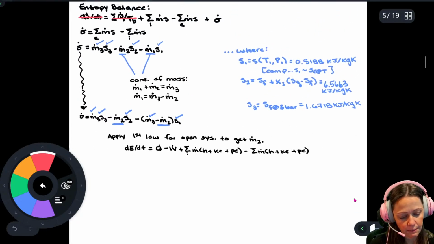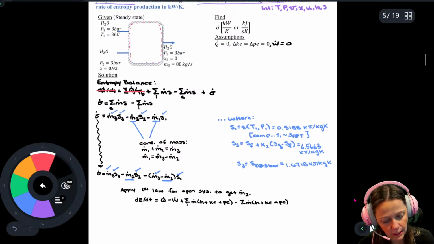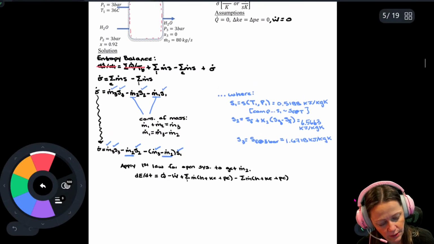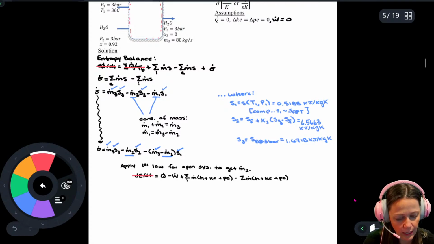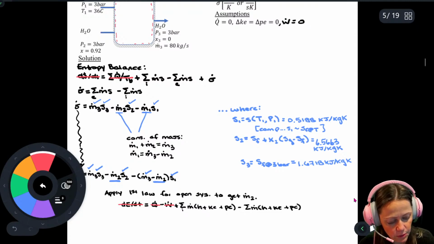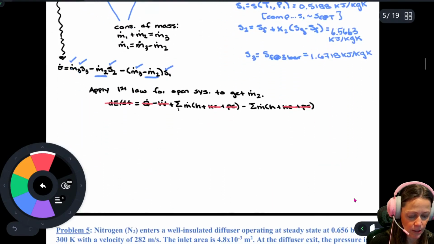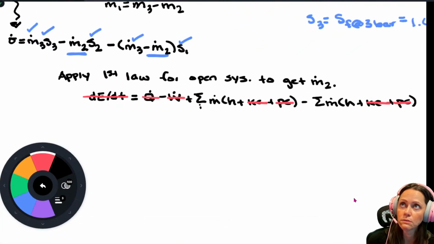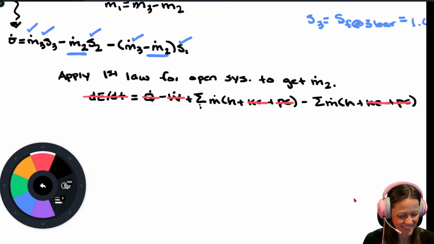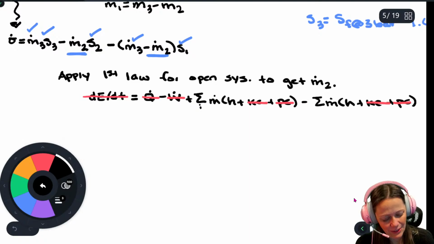And if I look back at my assumptions, it did tell me that it's steady state. So of course I know this dE/dt goes away. I also know that Q dot goes away, W dot goes away, and the change in kinetic energy and the change in potential energy from the inlets to the outlet, singular, is going to be 0.